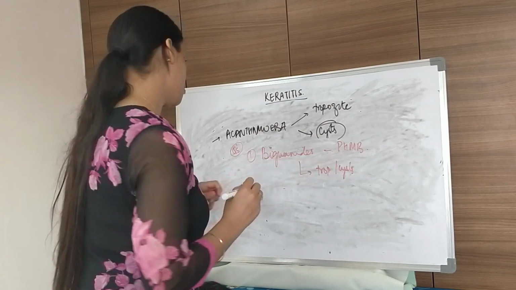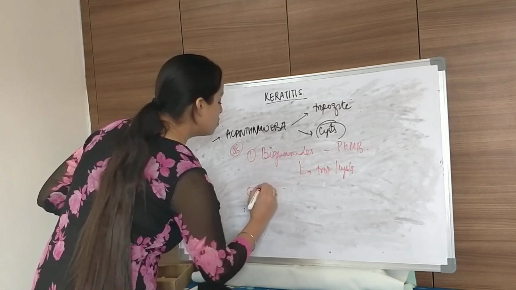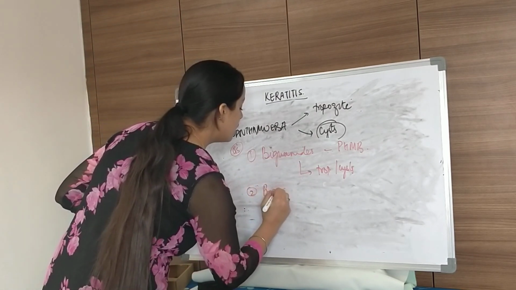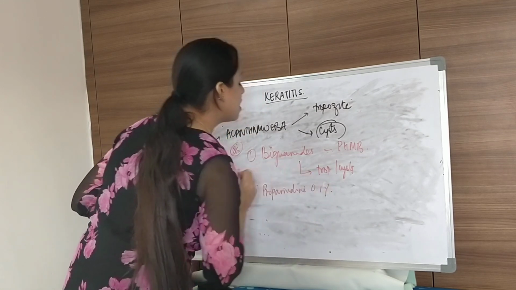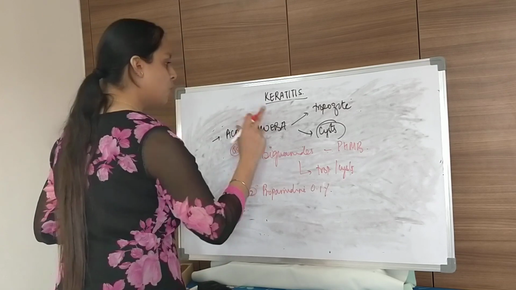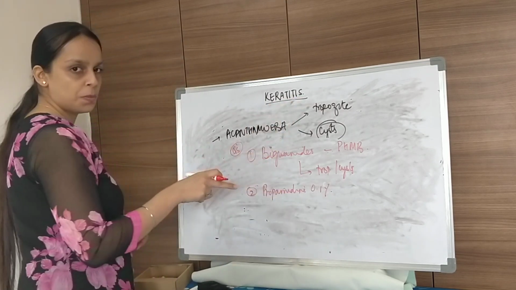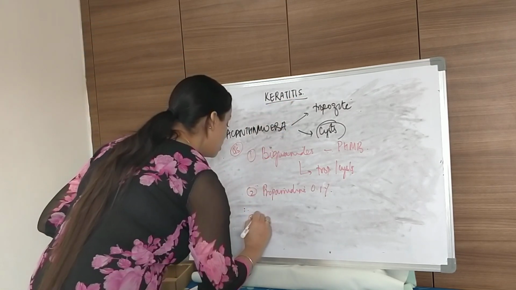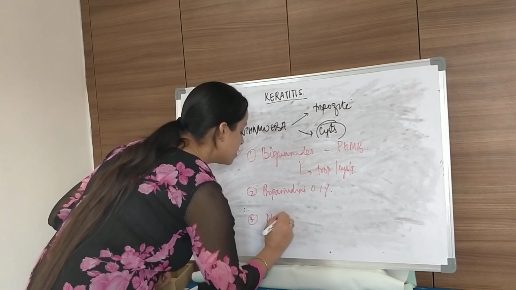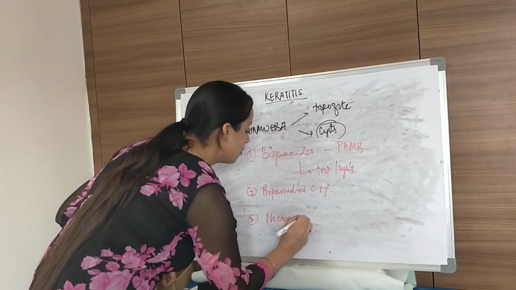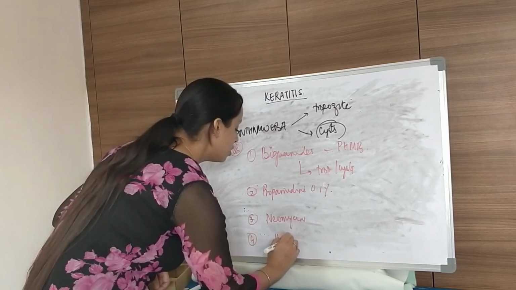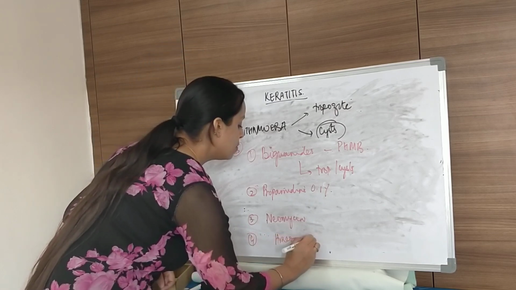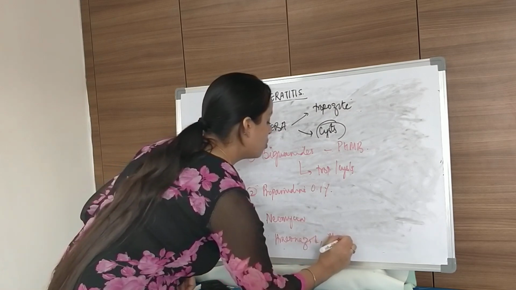as well as cysts. Another drug which we use is propamidine, 0.1%. This will only be acting against trophozoites, not against cysts. The third drug is neomycin, and you can also use antifungals like itraconazole and miconazole.